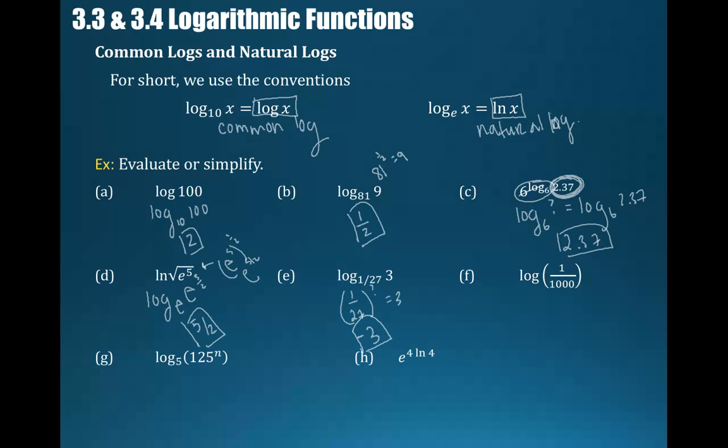You can use your properties of exponents there and think, well, 1/27 is 27 to the -1, to something has to equal 3. Okay, we can get this to have a base of 3. 3 to the 3rd times -1.